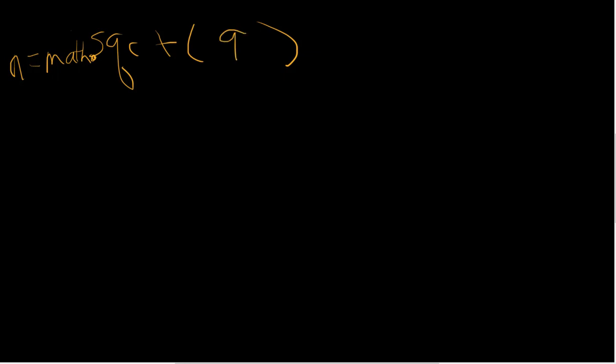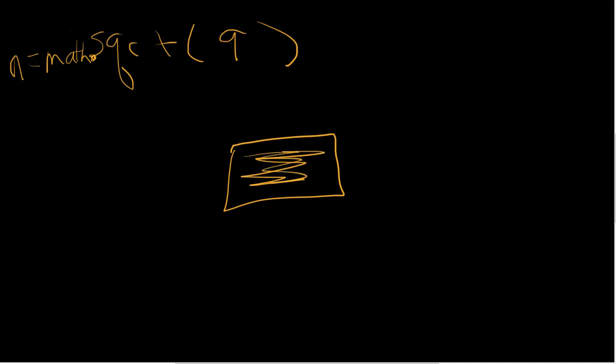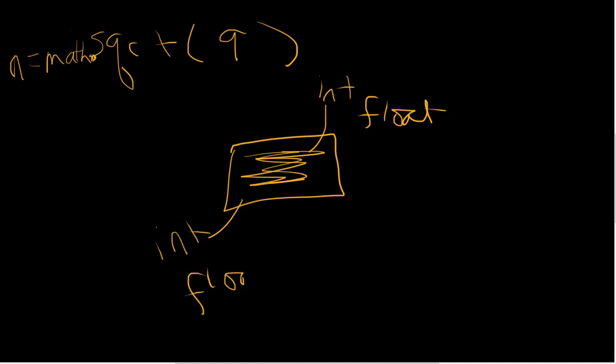So if we were to give it 9, it would return 3. If we take a look at our function as we're imagining it, we don't worry about what the code does because it's already been implemented for us. We're going to input an integer or a float, and it is going to return an integer or a float, whatever is appropriate, that is the calculation of the square root of the value that you put into it.